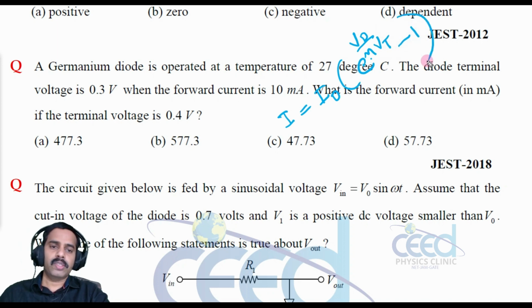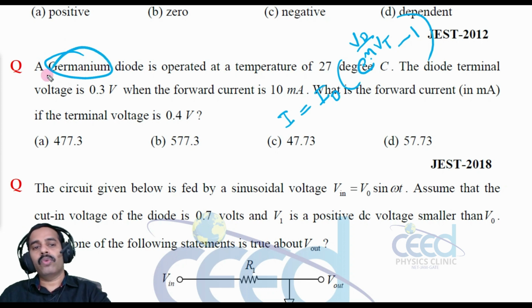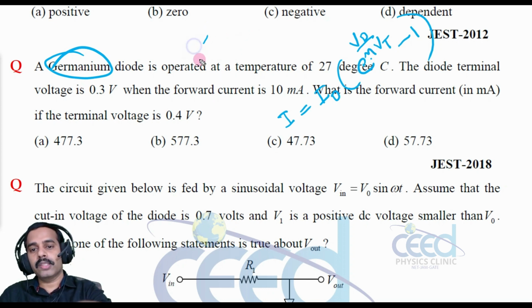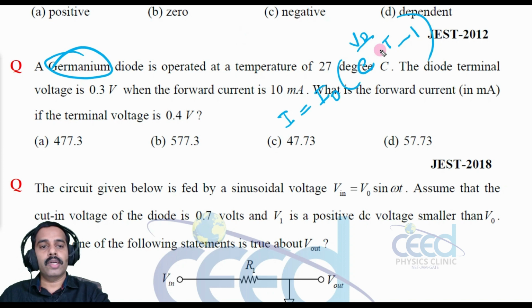This is the expression we have studied, and we have used a germanium diode. For a germanium diode, this eta value is equal to 1, and for a silicon diode, this eta value is 2. It is given that it is a germanium diode, so let me substitute eta as 1. So we have only Vt here.